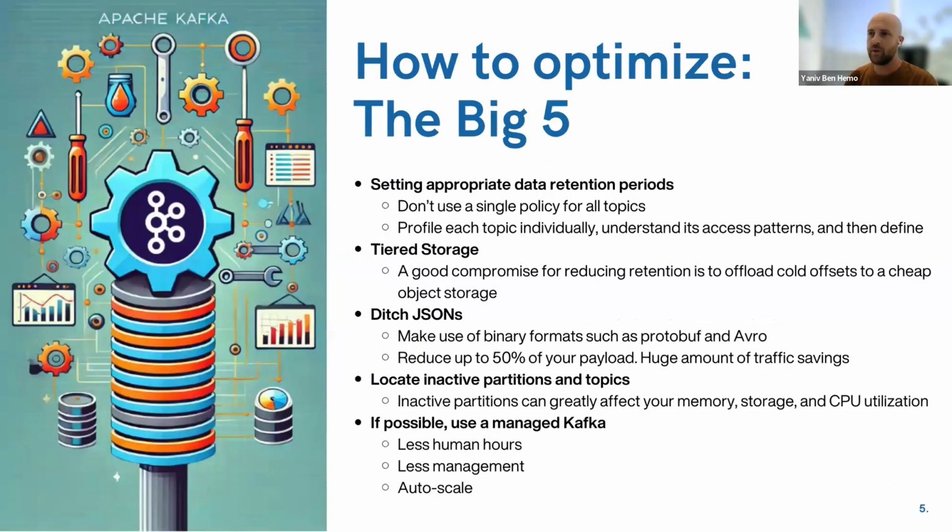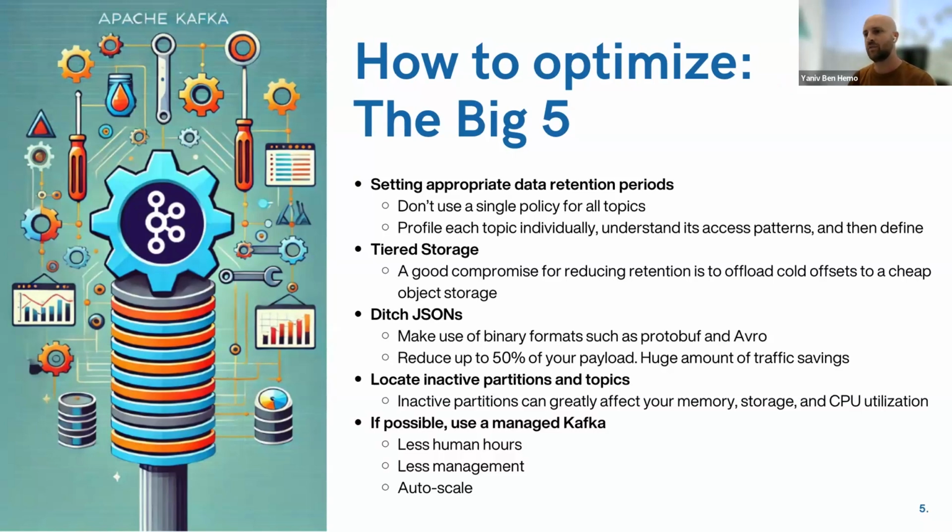So how to optimize the big five? I'm not a huge fan of a lot of words, so I'll try to explain verbally each and every tip that we are seeing in front of us. So we start by setting appropriate data retention periods. And again, for all the fives that we see, there are tens of other optimizations that I can offer.